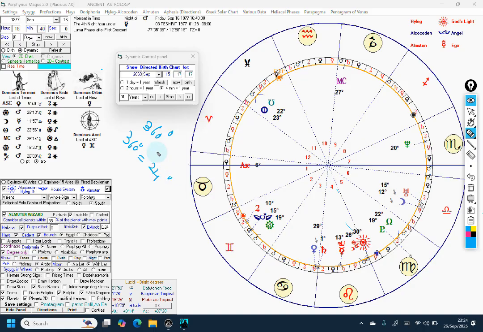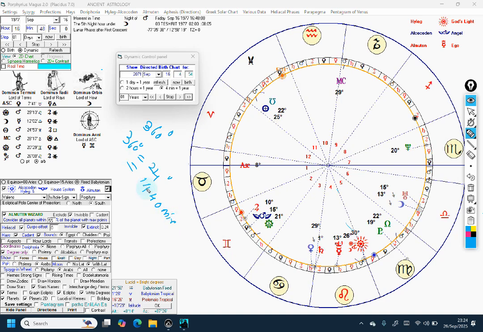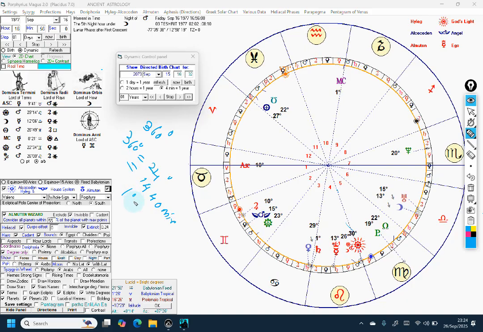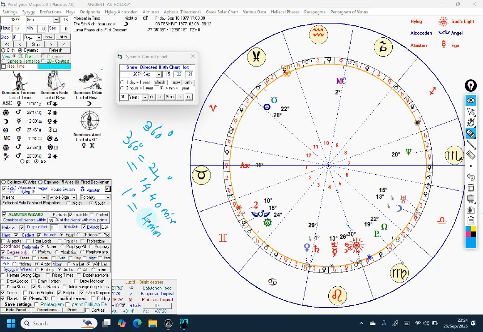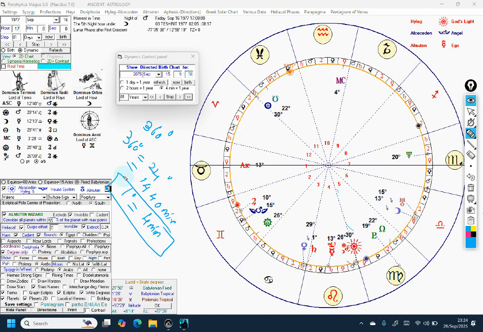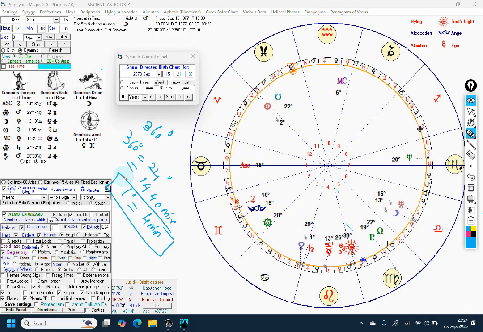So 24 hours is 1440 minutes. So 360 degrees is 1440 minutes. If you divide it, 1 degree is equal to 4 minutes. Remember this equation. I would say it is one of the fundamental premises of primary directions.